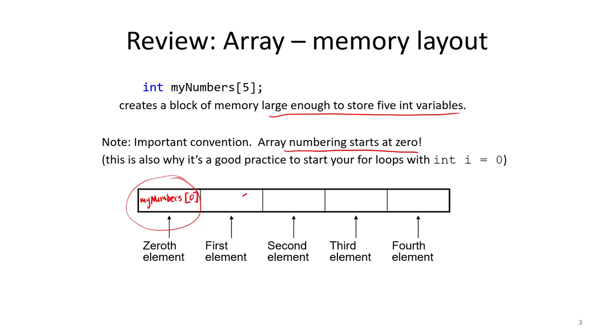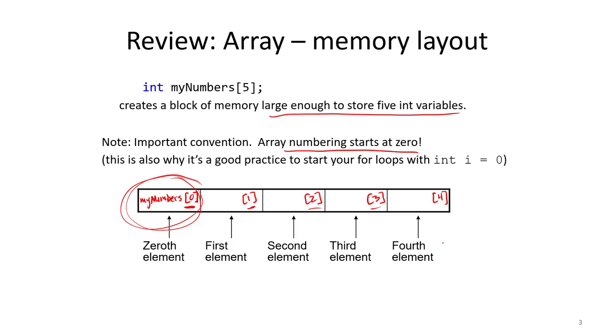And then our element 1, 2, 3, and 4 will fill up our array. So notice here that you want to make sure you remember that the very first item in our array is actually element number 0. Then element 1, 2, 3, and so on will continue in the array.